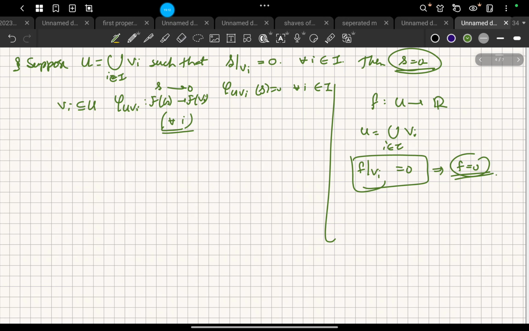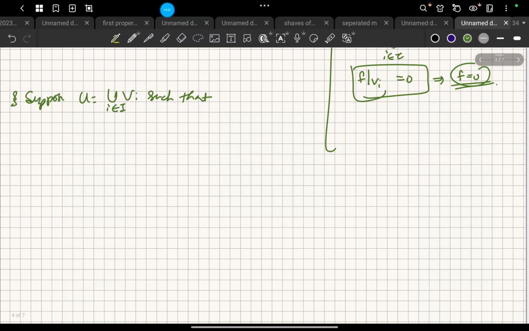And secondly, suppose we have U, and the Vi form an open cover of U, and we have Si belonging to F of Vi.